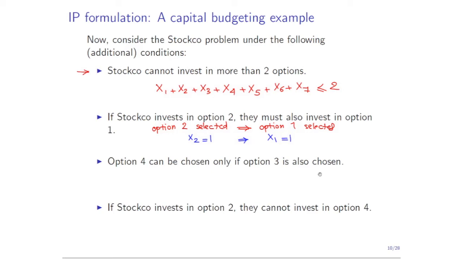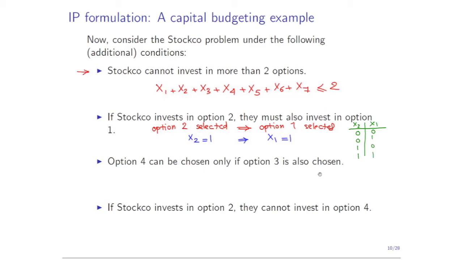So in other words, x2 must be less than or equal to x1. x1 cannot be less than x2. To make it clear, let's look at all possible options. x2, x1: 0,0; 1,1; 0,1; 1,0.